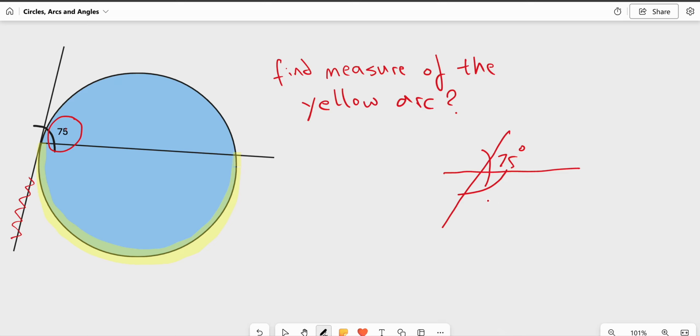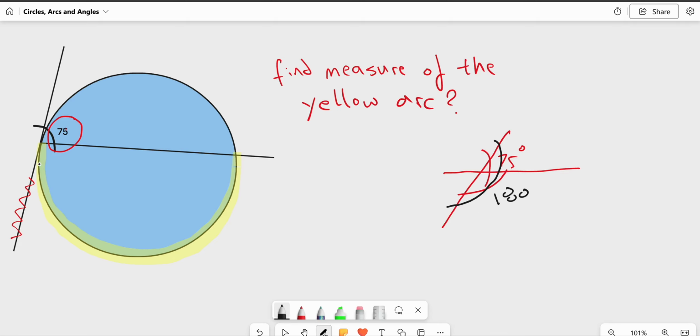This angle here is the supplementary of this angle, 75, because this entire angle here should be equal to 180.